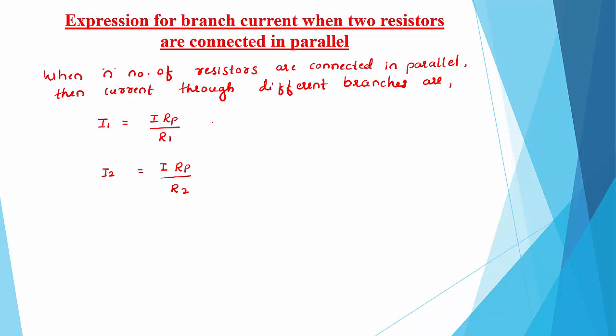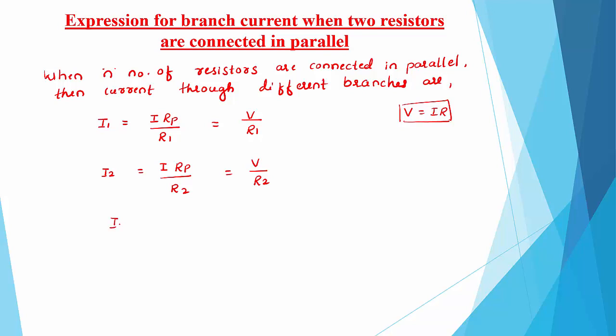Now this equation can also be written as, what is the expression for potential difference? V equal to IR. So we can use this expression here. Here in place of I Rp, we can write V divided by R1, because in equivalent resistance, current is I and resistance is Rp. So V divided by R1. Here in I2, we can write V divided by R2.